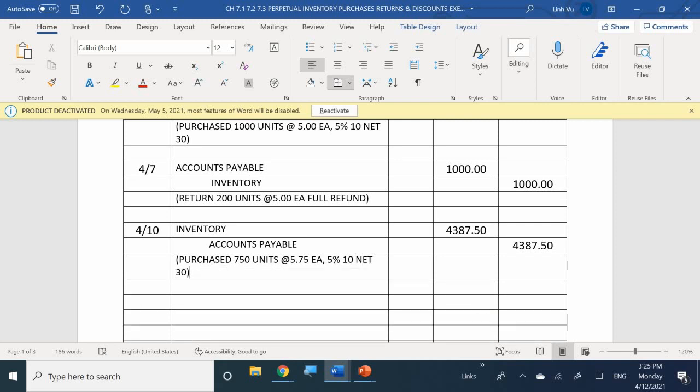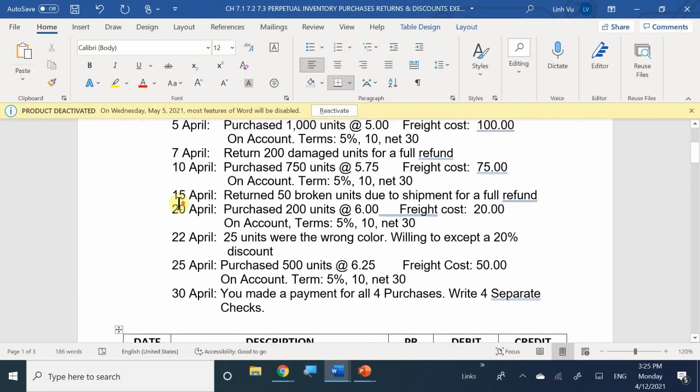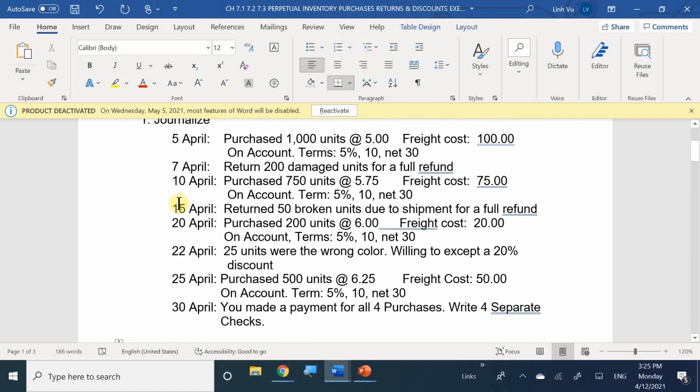Good. So then, what has happened next? You return 50 broken units for a full refund.